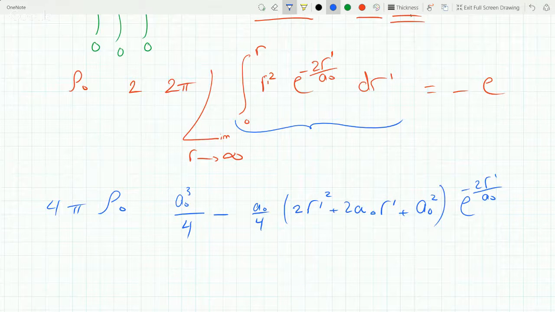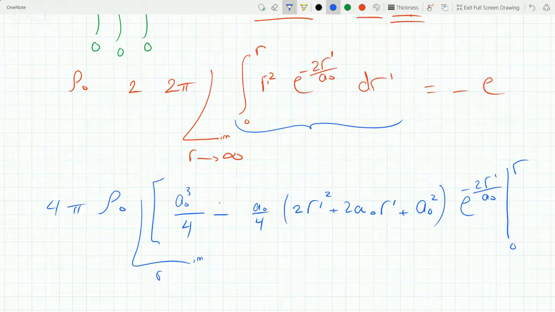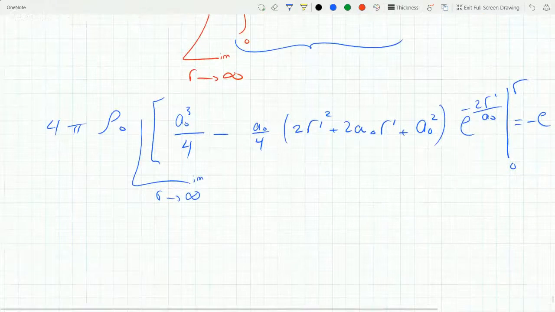Alrighty. And now we're going to evaluate this from 0 to r, and when we're done, we'll take the limit as r goes to infinity. I could have done this whole thing on the calculator, but it's fine.